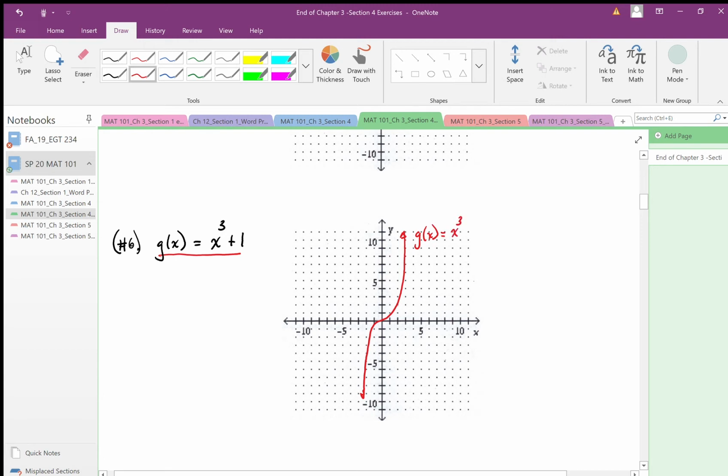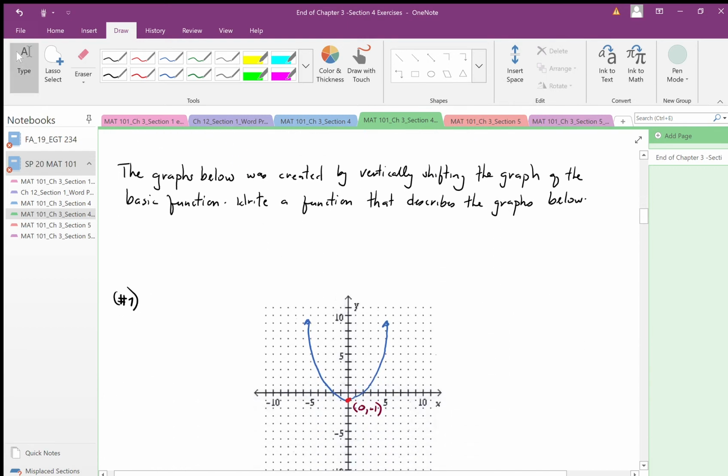Now you want to accommodate this vertical shift, and that typically means you raise it up by 1. You go up vertically by 1, moving this particular graph starting from here, 1. That's all it is. So now this becomes plus 1.